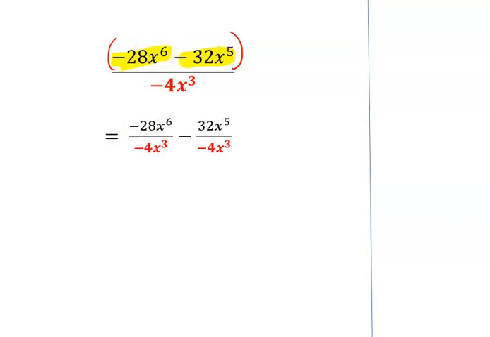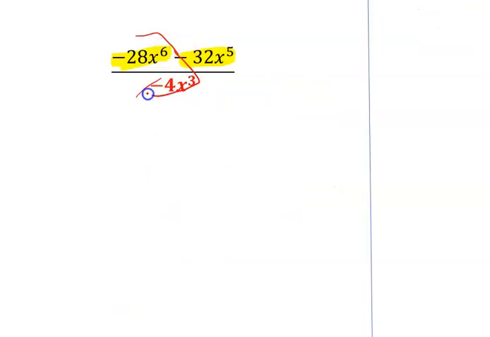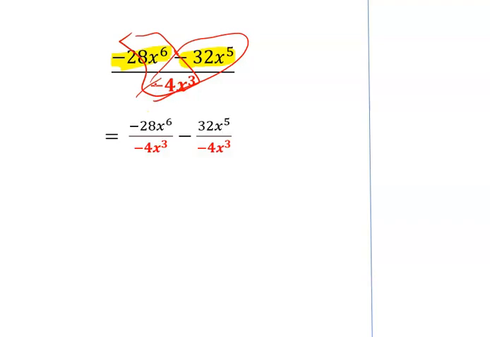So divide the first item by the bottom, and then we divide the second item by the bottom. So we divide these two by the bottom and this one by the bottom. So we're going to get these two division questions.